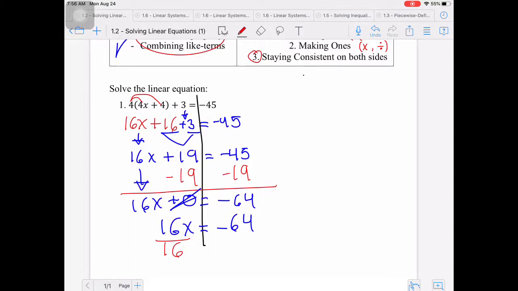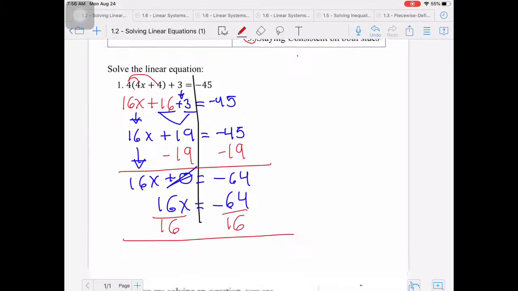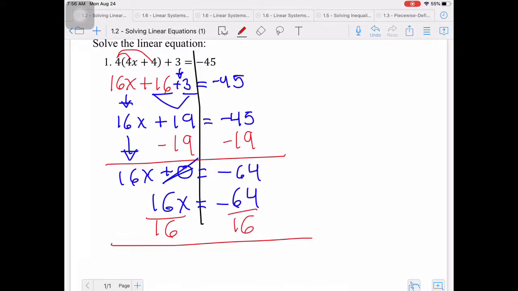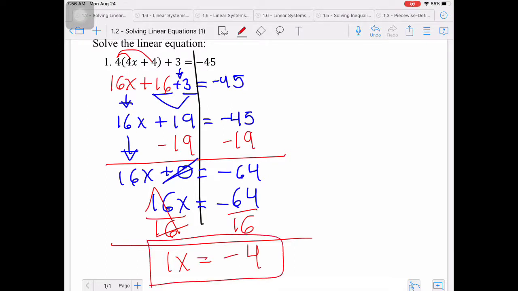Remember, whatever I do to one side, I do to the other, so I divide the other side by 16 too. 16 divided by 16 equals 1, so I got 1x equals negative 64 divided by 16. A negative divided by a positive equals a negative, and 64 divided by 16 equals 4. So I got 1x equals negative 4, which is my answer right there.